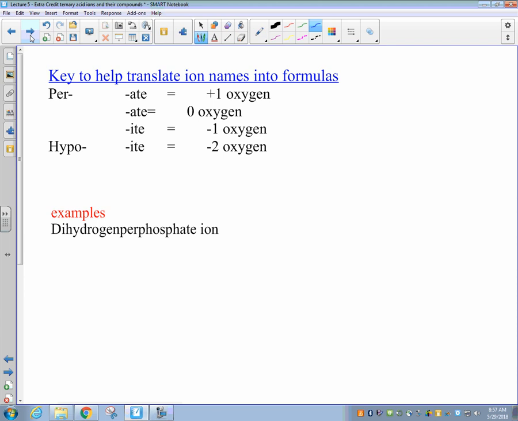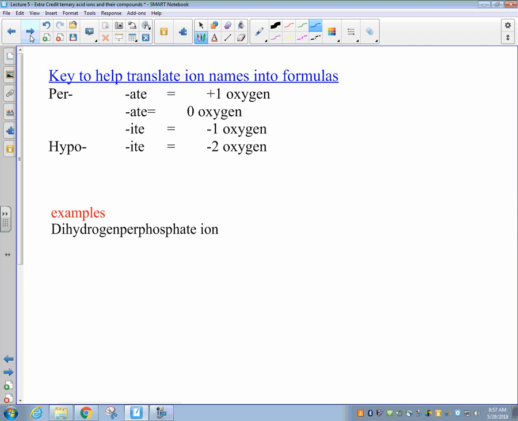If the name simply ends in ate, then it's got the same number of oxygens as the parent. If we have an ion name that ends in ite, then the acid from which that ion was derived must have had one fewer oxygen than the parent acid. And then again, prefix hypo, suffix ite, means that the acid from which that ion was derived must have had two fewer oxygens than the parent.